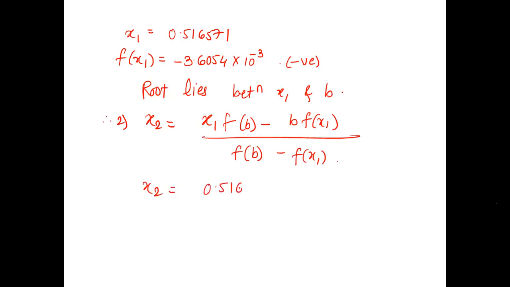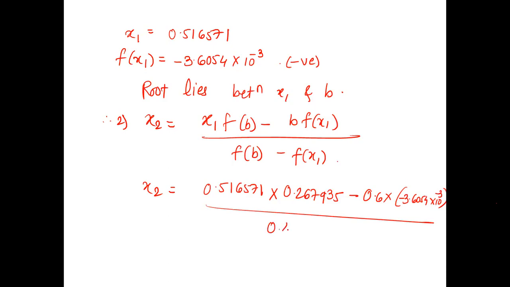x1 we have, all the values are up. f of b was, I guess, 0.267935, check out, minus b, 0.6 into f of x1, minus 3.6054 into 10 raised to minus 3, upon 0.267935 minus minus 3.6054 into 10 raised to minus 3.